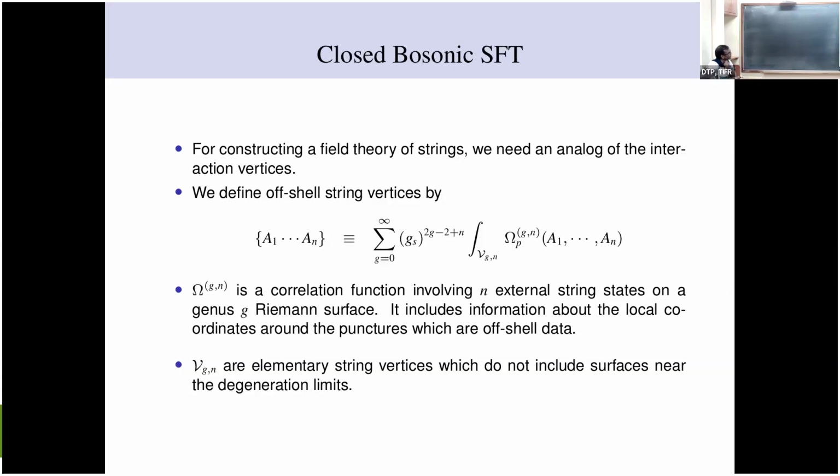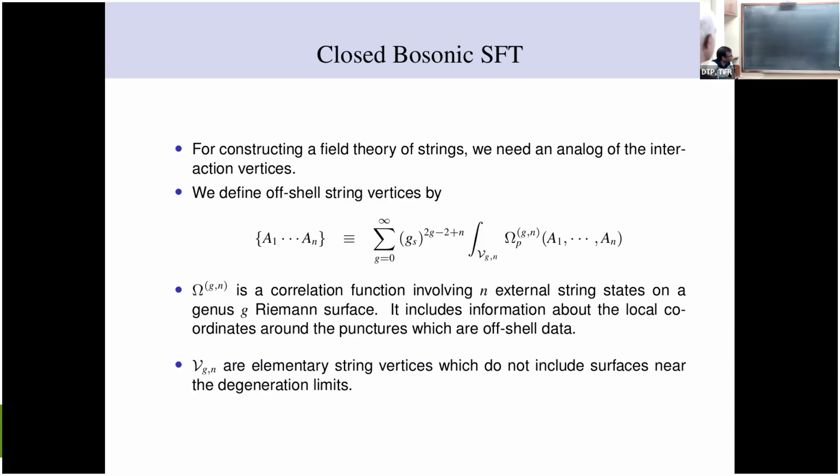So we need to define the analog of these interaction vertices, which will enter into the string field theory. We define this off-shell string vertex in this way. This curly bracket with say n insertions is defined in the following way. Here g_s is our string coupling with this power, and we sum over all genus.